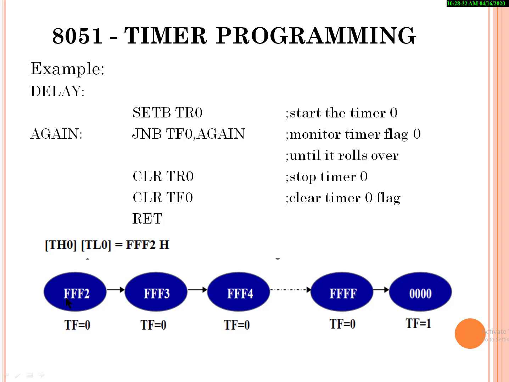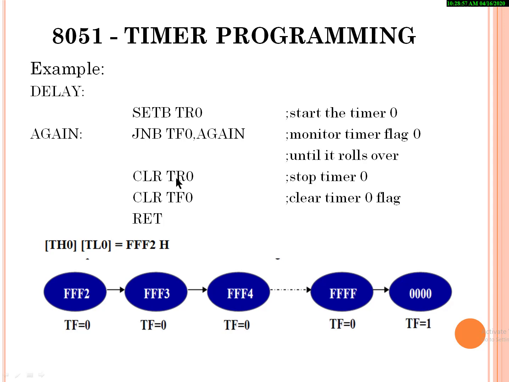The initial value is FFF2. With each clock pulse received, the value gets incremented. When it reaches the terminal value, it rolls over to its initial value. At that time, the TF flag will be set. When the TF flag is set, the program control comes out of the loop and the next instruction will be executed.